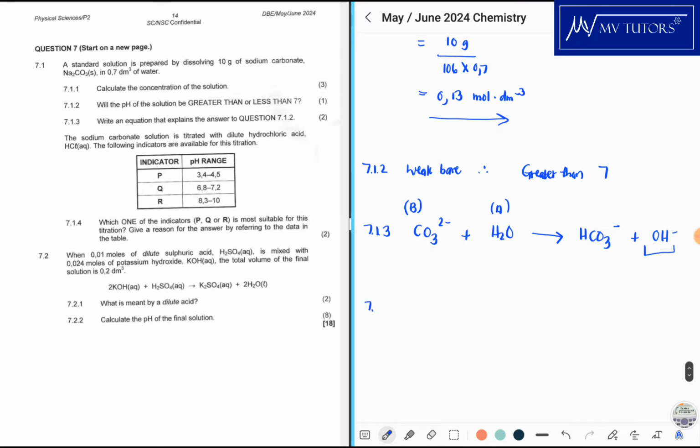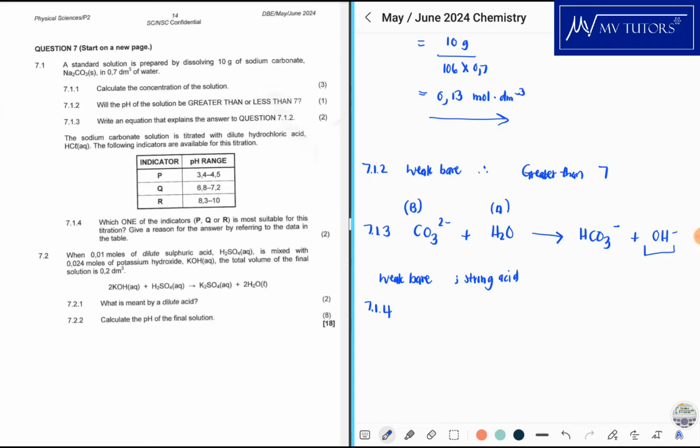Okay, 7.1.4. The sodium carbonate solution is titrated with dilute hydrochloric acid. The following indicators are available for this titration. So again, we have a weak base, but it's titrated with a strong acid, because hydrochloric acid is a strong acid. So at the end, you're expecting your product to be acidic still.